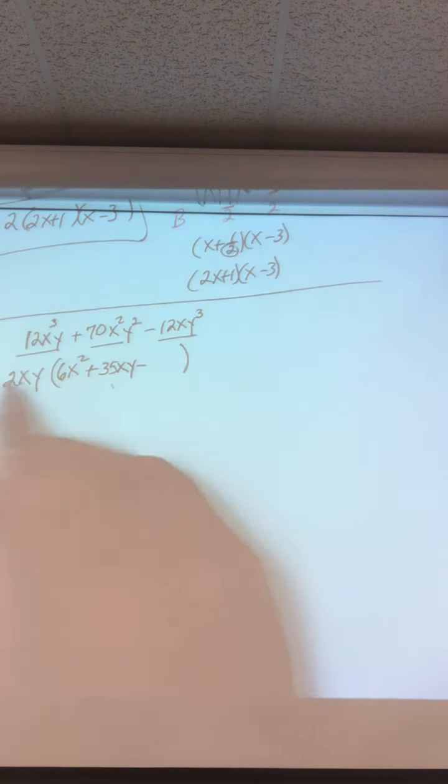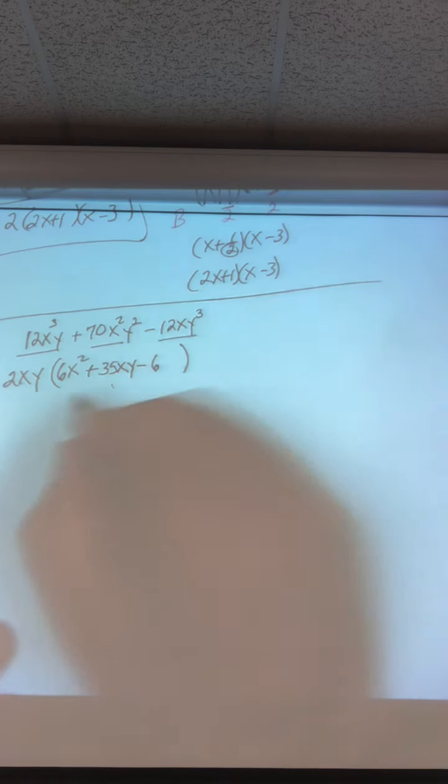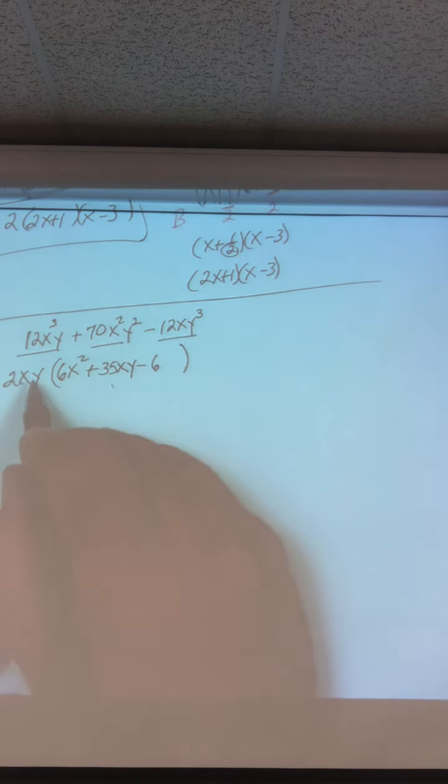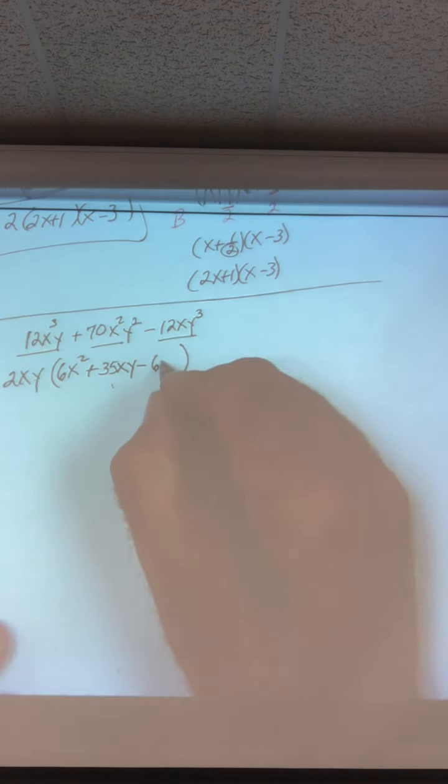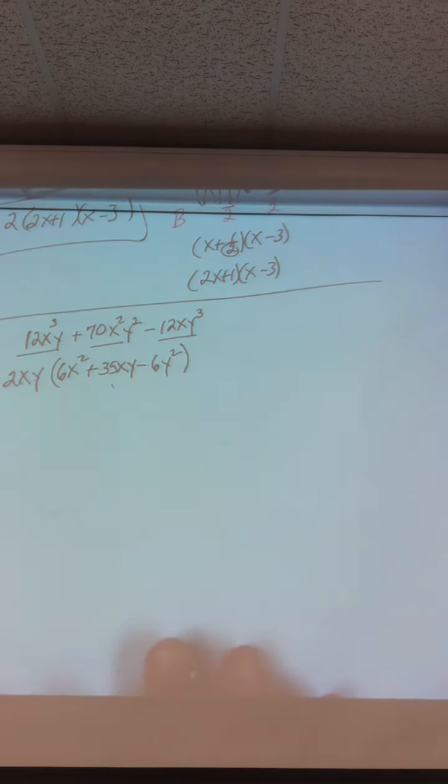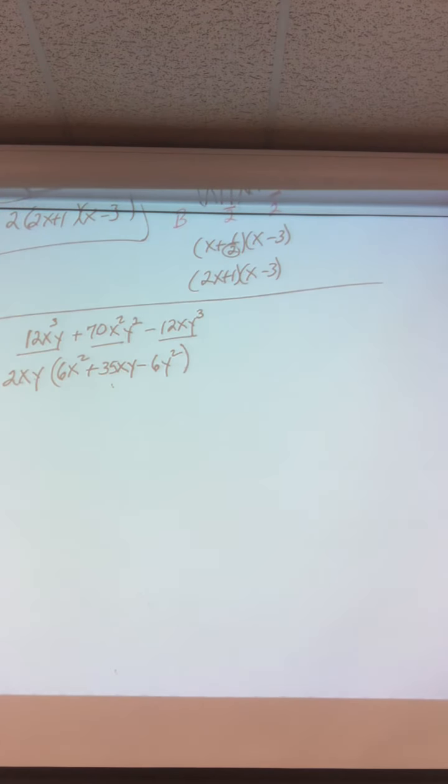Minus 2 into 12 is 6. X into x cancels. Y into y cubed leaves y squared. All right, so what I did here was I took out a GCF of 2xy.